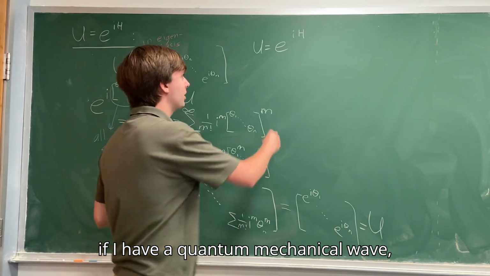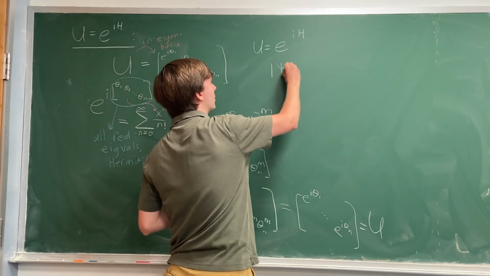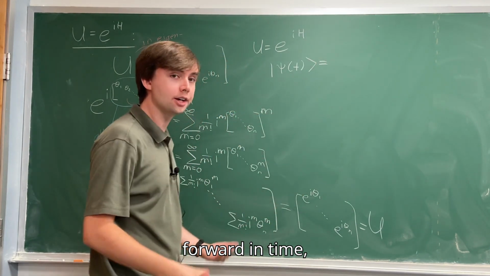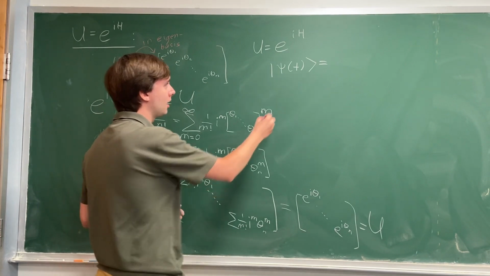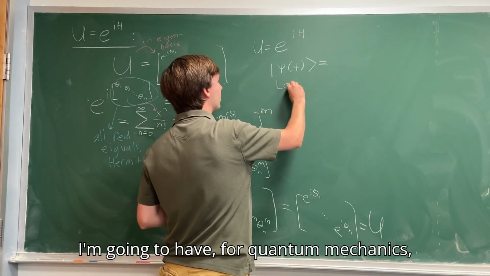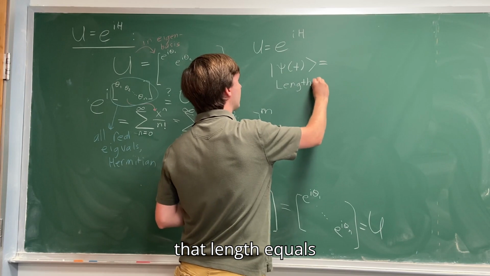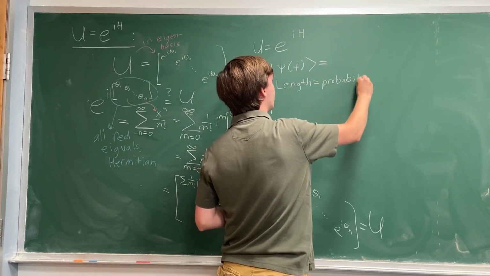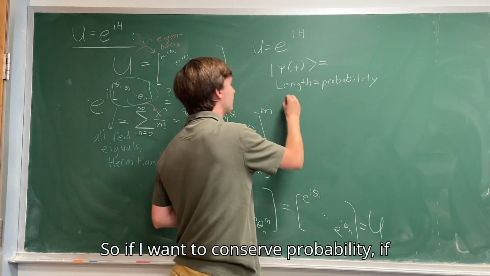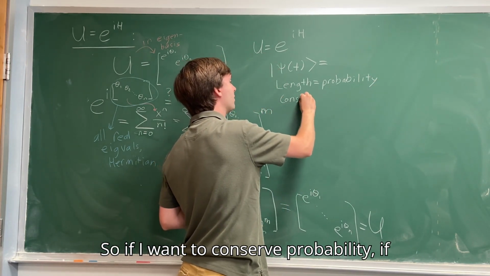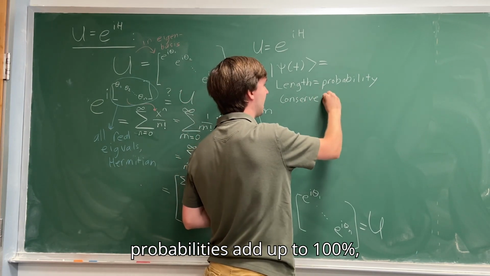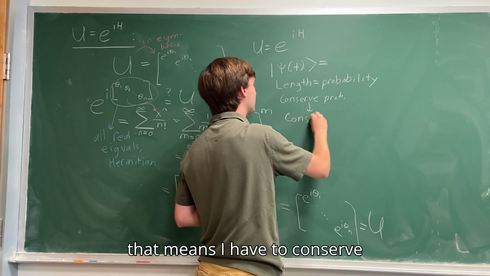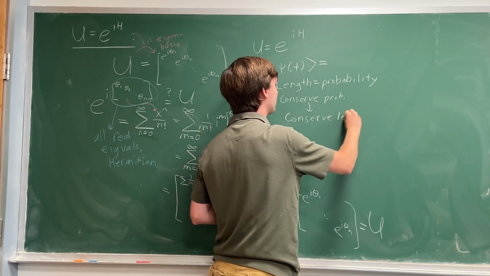So if I have a quantum mechanical wave, and I want to move this forward in time, I'm going to have, for quantum mechanics, that length equals probability. So if I want to conserve probability, if I want to make sure that all of my probabilities add up to 100%, that means I have to conserve length.